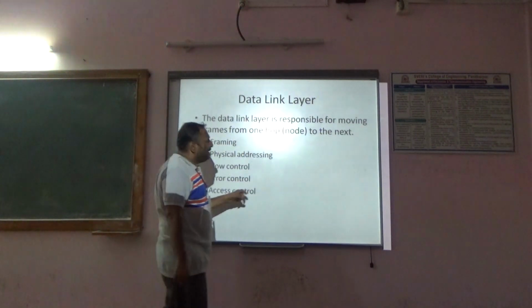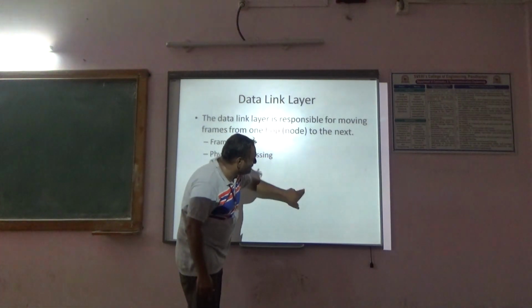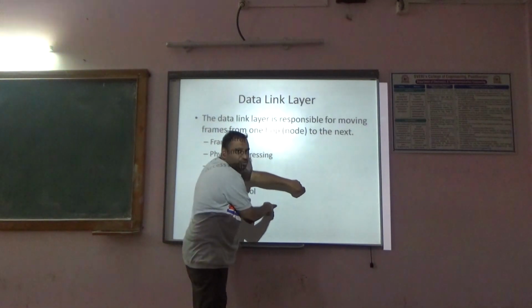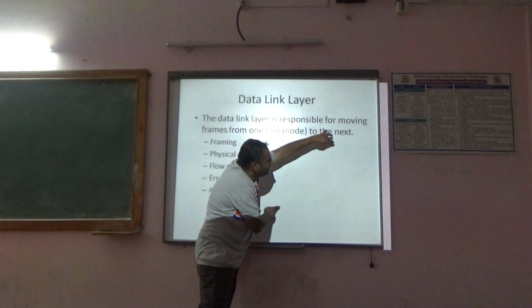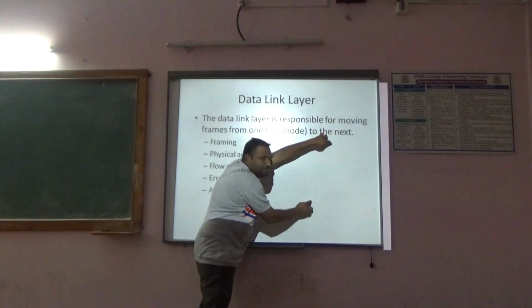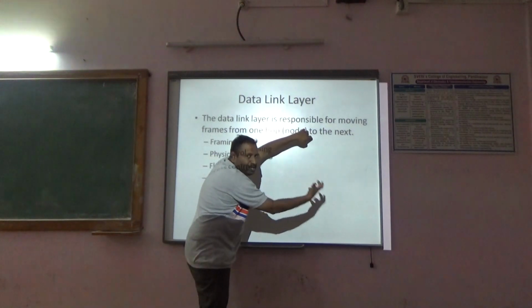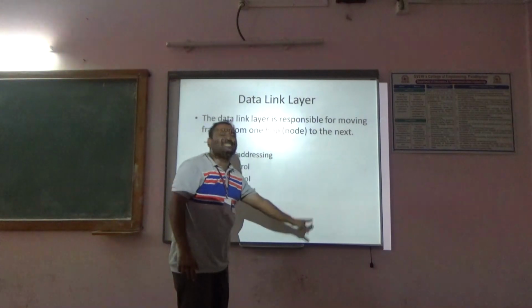But if there is a communication channel which can be accessed by several nodes, and this node is communicating with that node using the same channel, and another two nodes want to get involved in the communication, they have to use the same channel again.